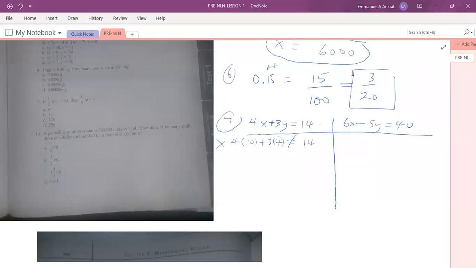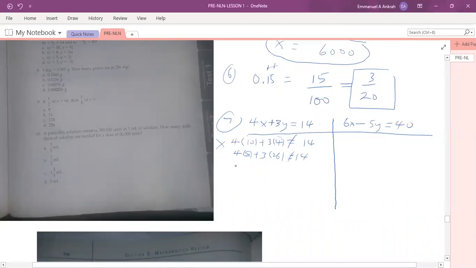Try the next one, B, 8 and 26. It's going to be too big. I don't even waste my time doing that. But just for the sake of it, 4 times 8 plus 3 times 26. Too big a number, so it's again not equal. So it's going to be between C and D.